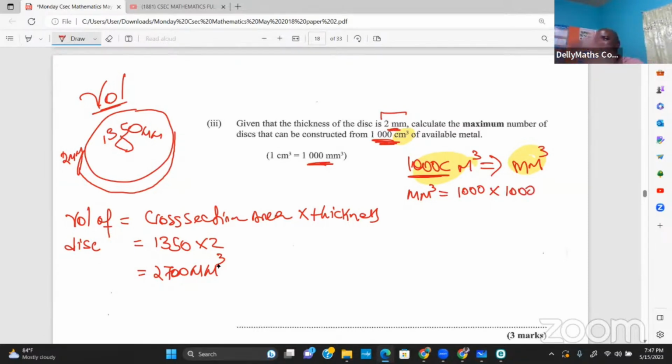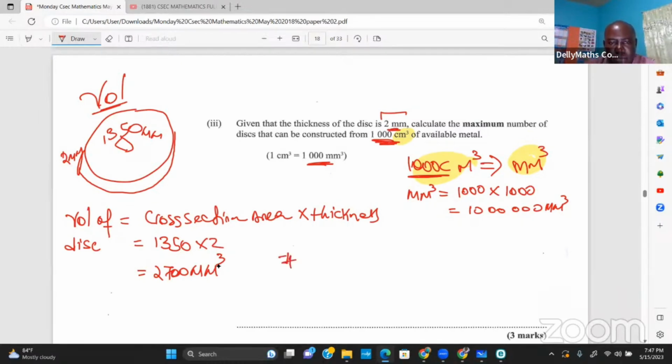So we're looking at 1 million millimeter cube. What I'm going to do now is divide this into the million to see how many I'll get, basically. So let's divide that into the million.